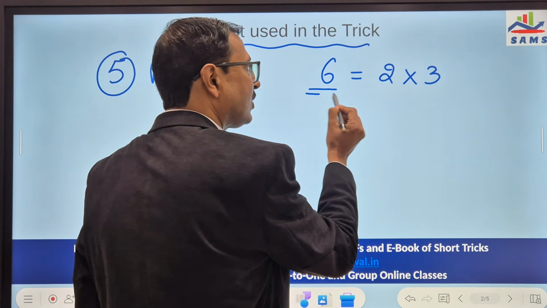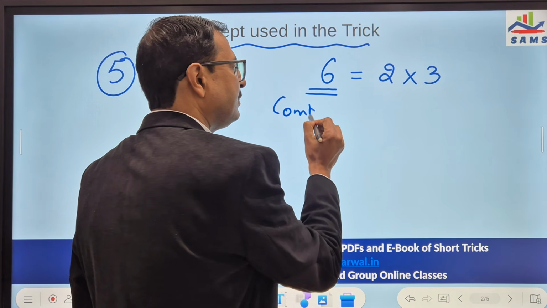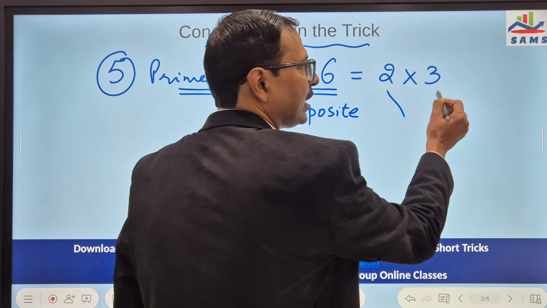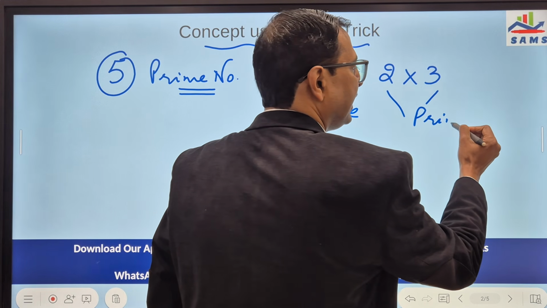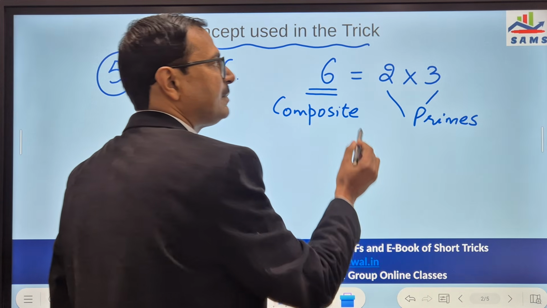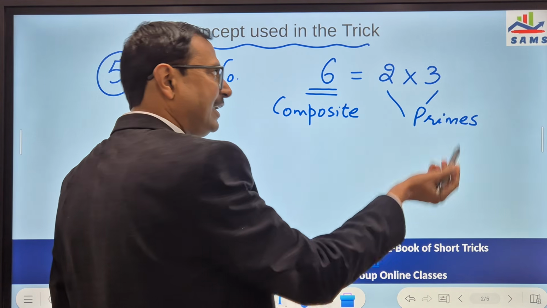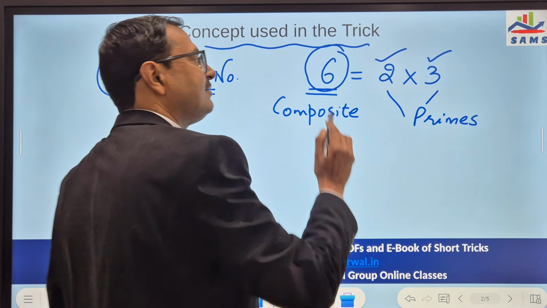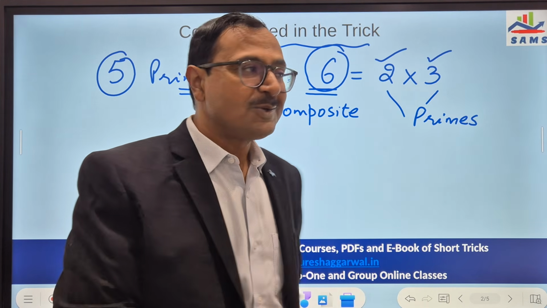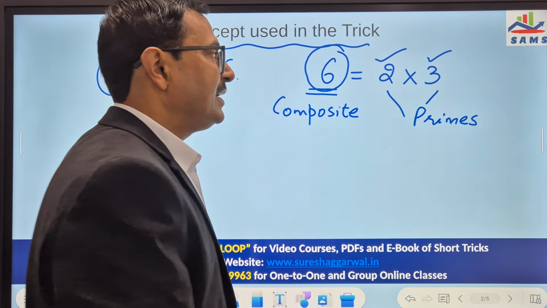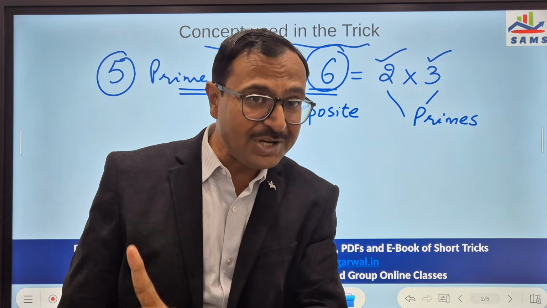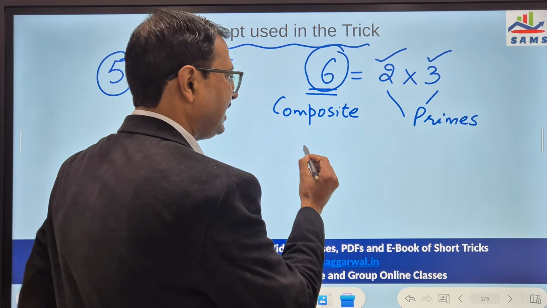And whenever there is a composite number which can be broken down as a product of primes like this, now these two are primes, right? Then you have to check the divisibility of any number by these prime numbers instead of checking the divisibility by 6 directly. So if any number is divisible by 2 and divisible by 3 also, both.